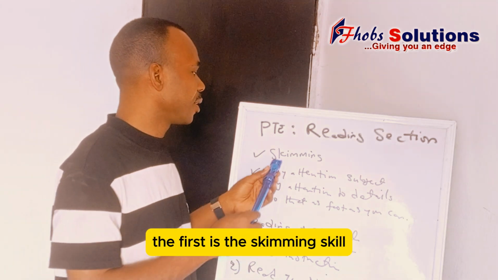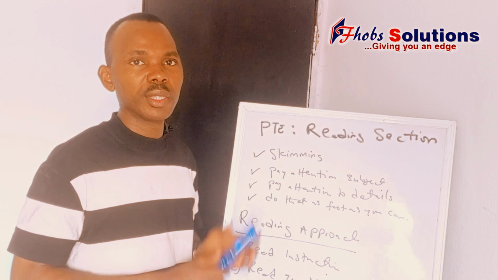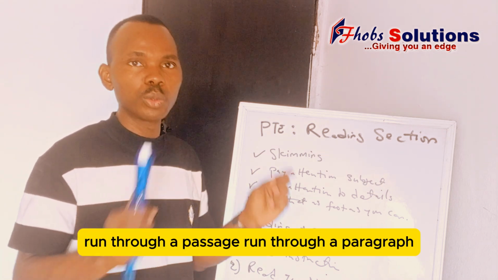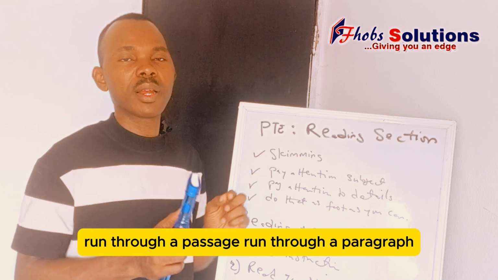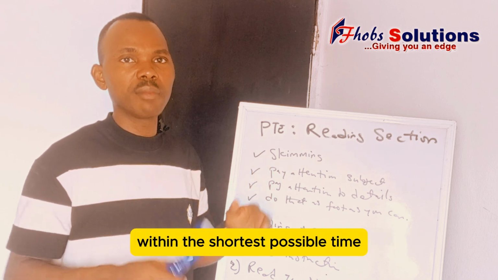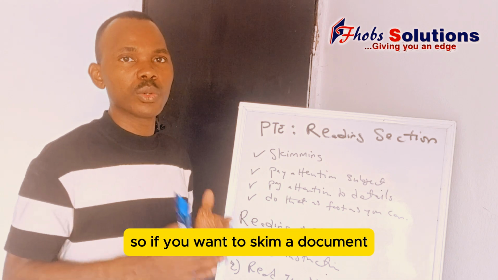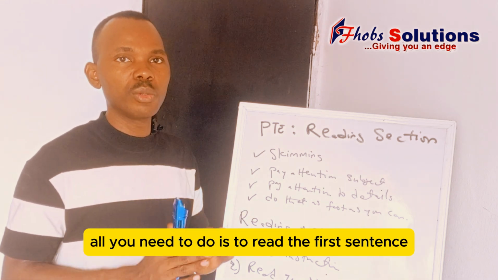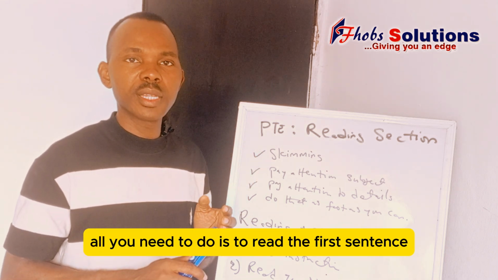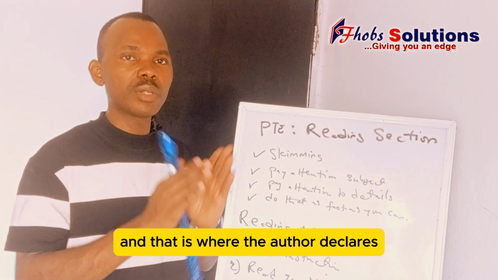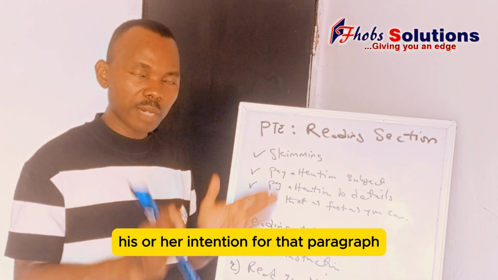The first is the skimming skill. The skimming skill helps you to run through a passage, run through a paragraph within the shortest possible time and have an overall general understanding. So if you want to skim a document, all you need to do is to read the first sentence, which is actually called the subject sentence, and that is where the author declares his or her intention for that paragraph.